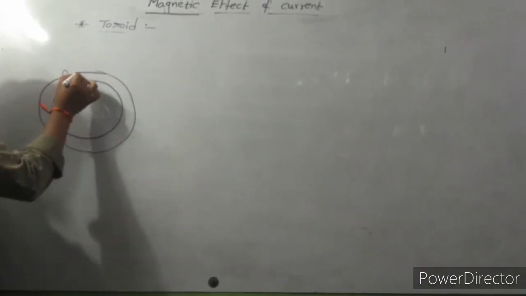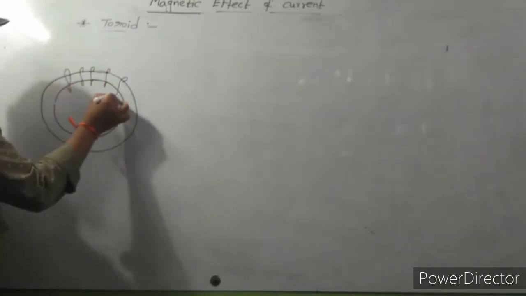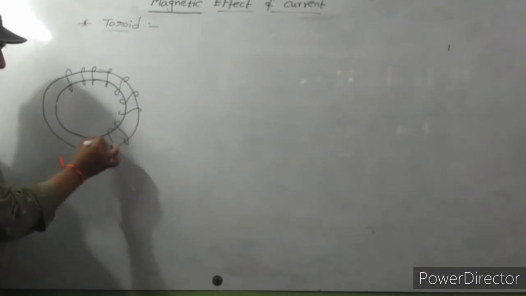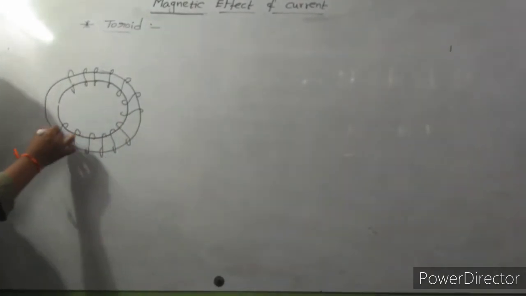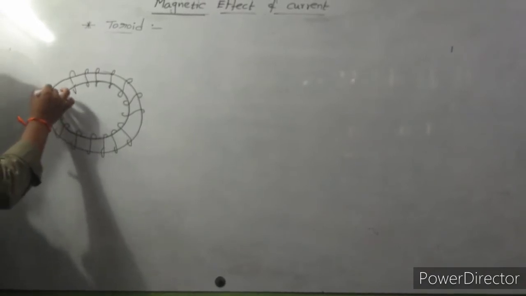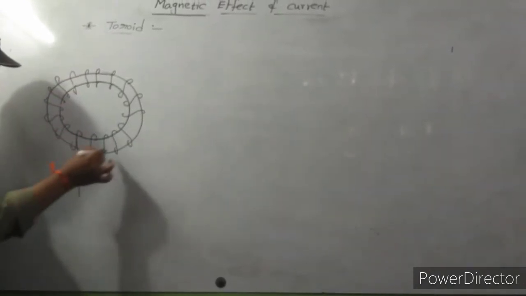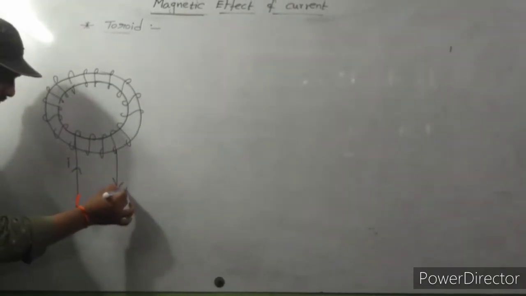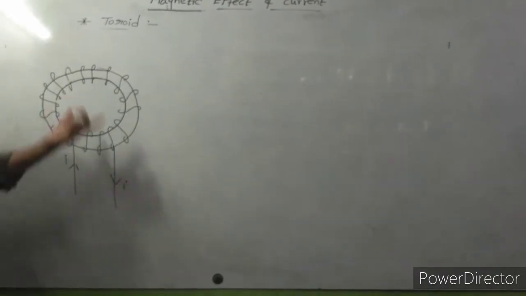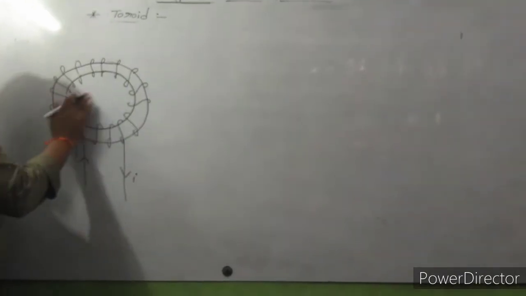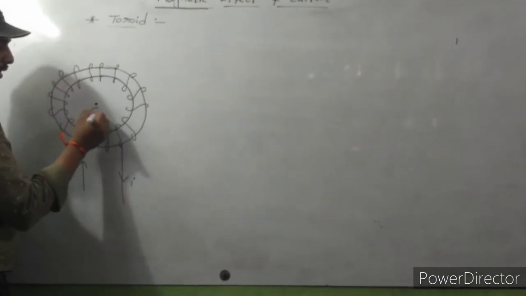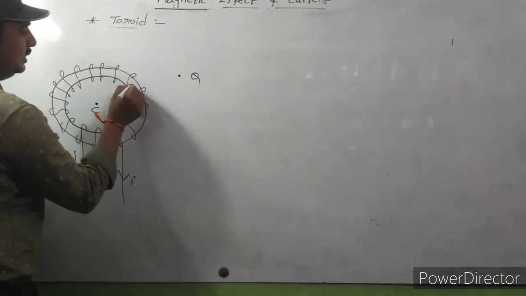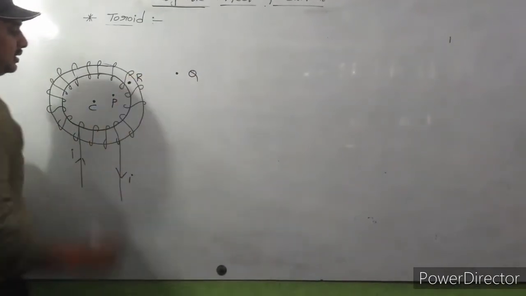If a solenoid is bent in the form of a ring, it gives a toroid. This is the center of the toroid. P is the point I consider here. Here Q is the point I consider. Here inside the toroid, R is the point I consider.